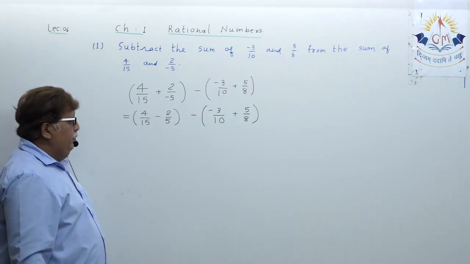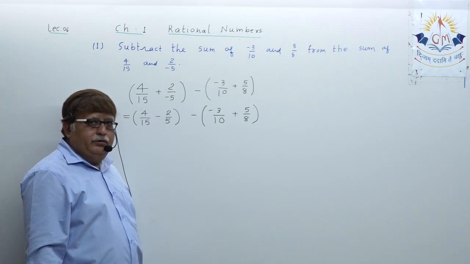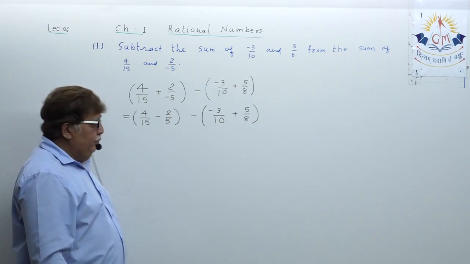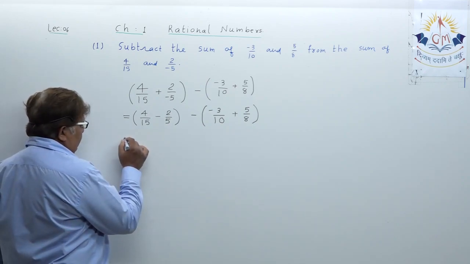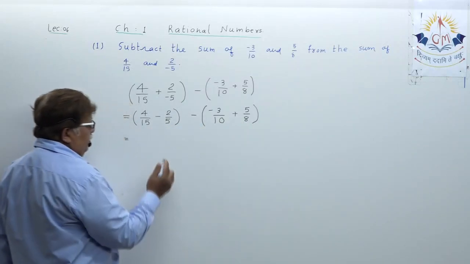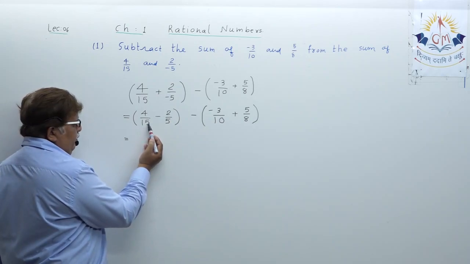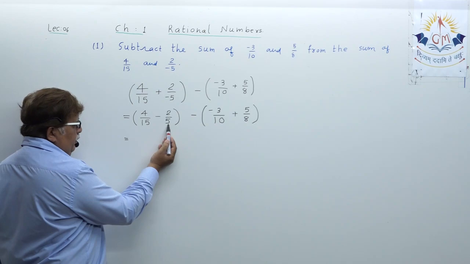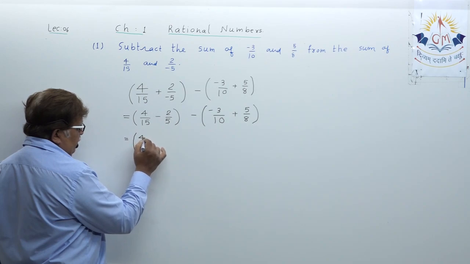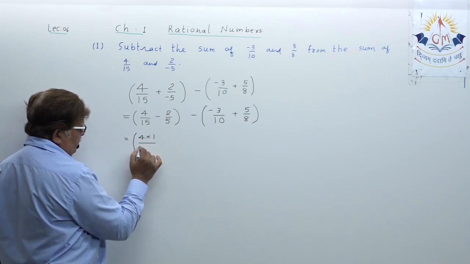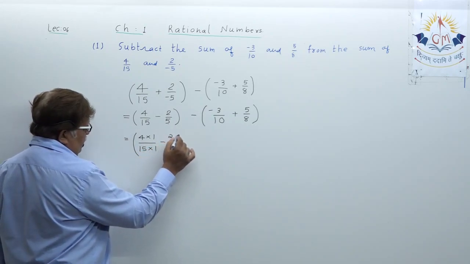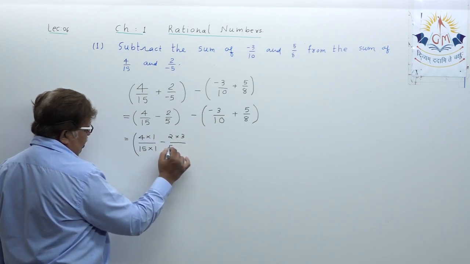Now it's a question of taking LCM, so be conscious. Here the LCM of 15 and 5 is 15. So accordingly multiply 4 by 1 and 15 by 1, minus 2 by 3, because 5 times 3 is 15.